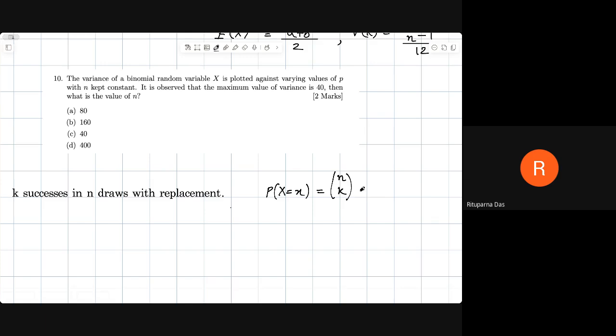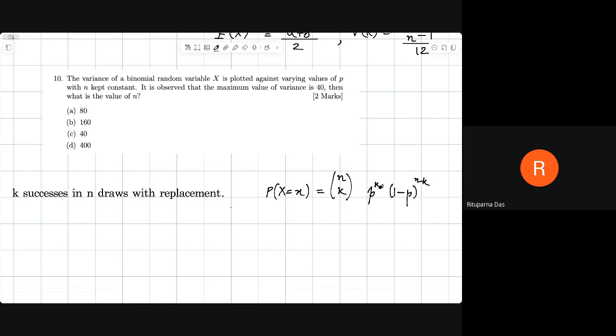Then probability p raised to the power k, because p is the probability of success and we have chosen k successes, multiplied by 1 minus p raised to the power n minus k.